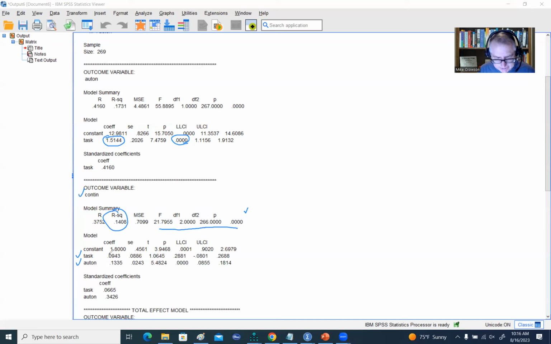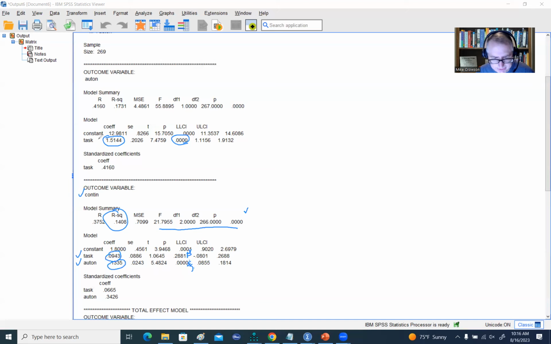When we look at the path coefficients, you can see that the direct effect of task orientation on intention to continue is positive, but it's non-significant right here. And then the direct effect of autonomous motivation on intention to continue is significant right here.